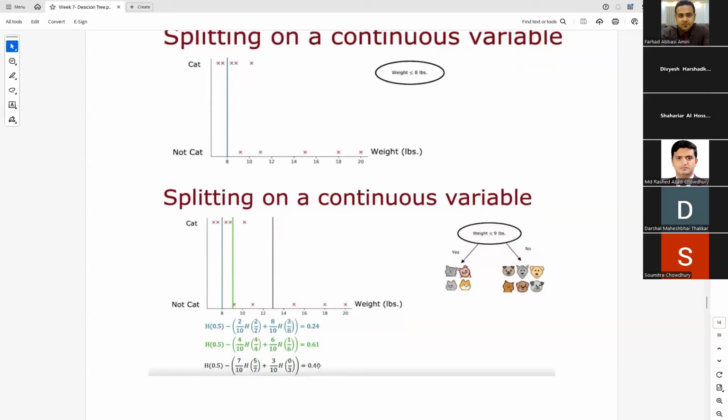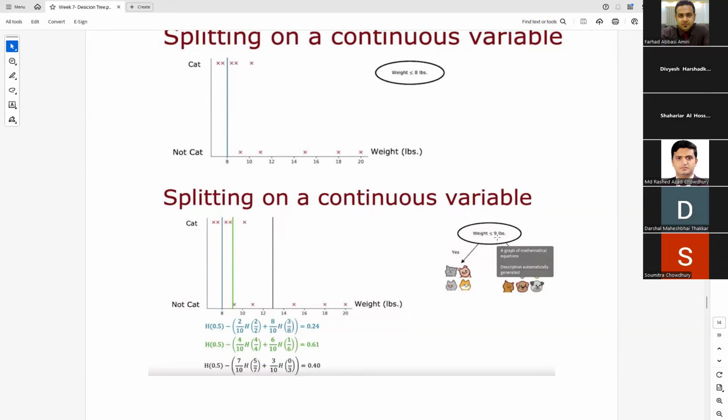Then we compare the information gain of these 3 choices, and we choose the one with the highest information gain, which is the one related to the green bar, or 9 pounds.